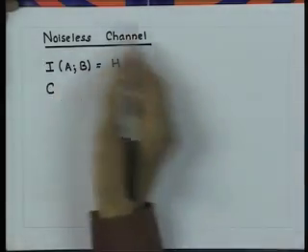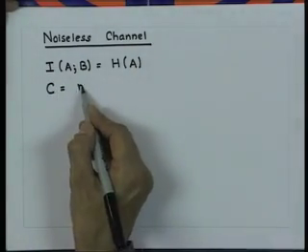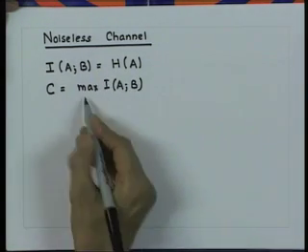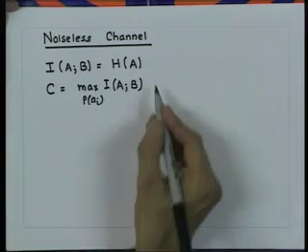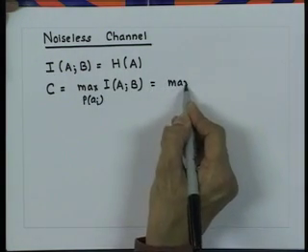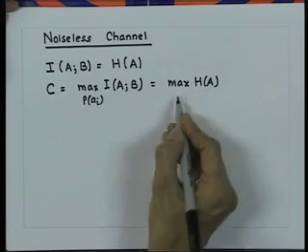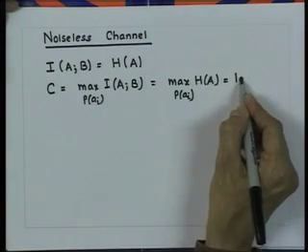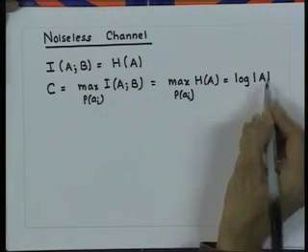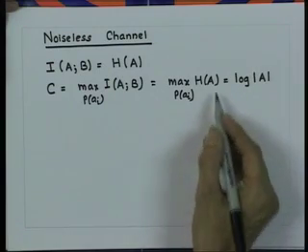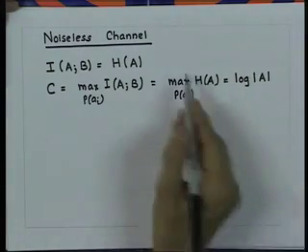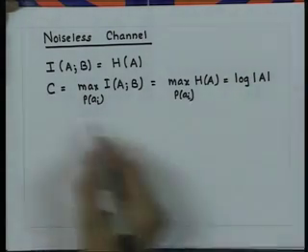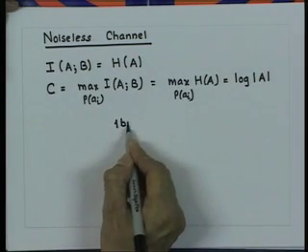Therefore, capacity for a noiseless channel is maximum of I(A;B) over P(Ai), which is equal to maximum of H(A) over P(Ai), and this is equal to log of mod A, where mod A denotes the size of the input alphabet A. So, if we have a noiseless binary channel, the capacity will be equal to 1 bit.